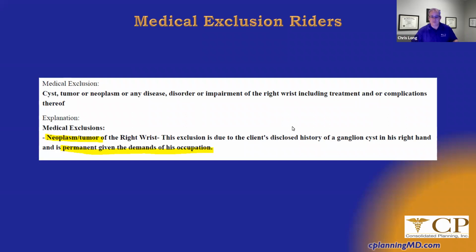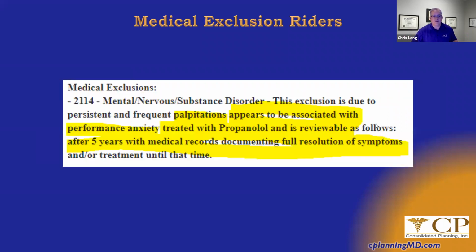I don't think anybody would have considered this to be a disabling situation. Again, another mental nervous: someone taking propranolol just to help with anxiety, giving presentations in front of their class. No other issues. They only take it PRN when they're getting ready to give a big presentation. But they've got a mental nervous exclusion.